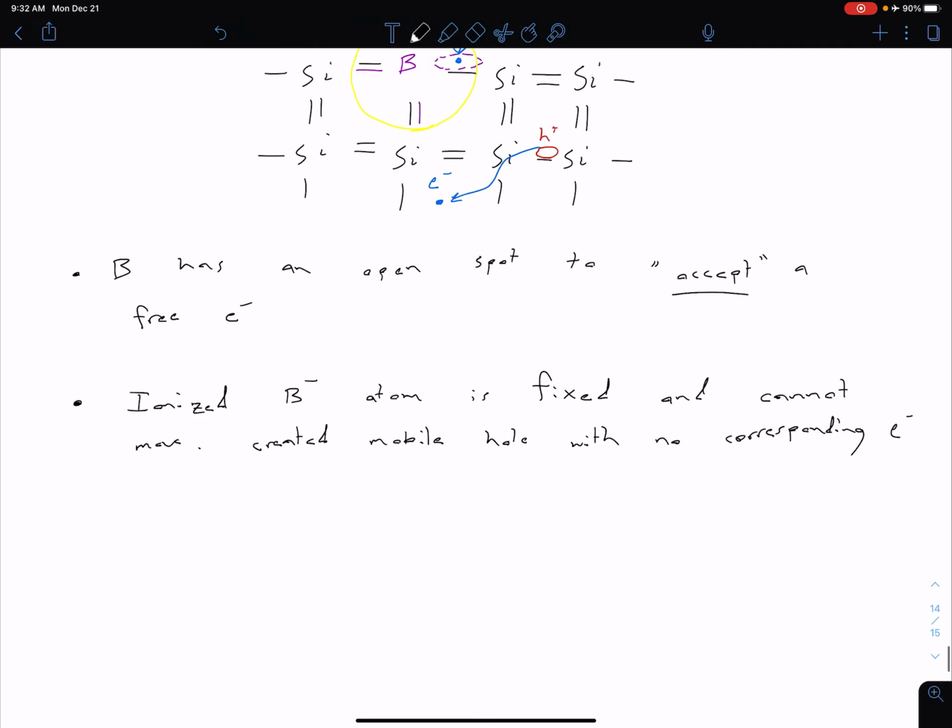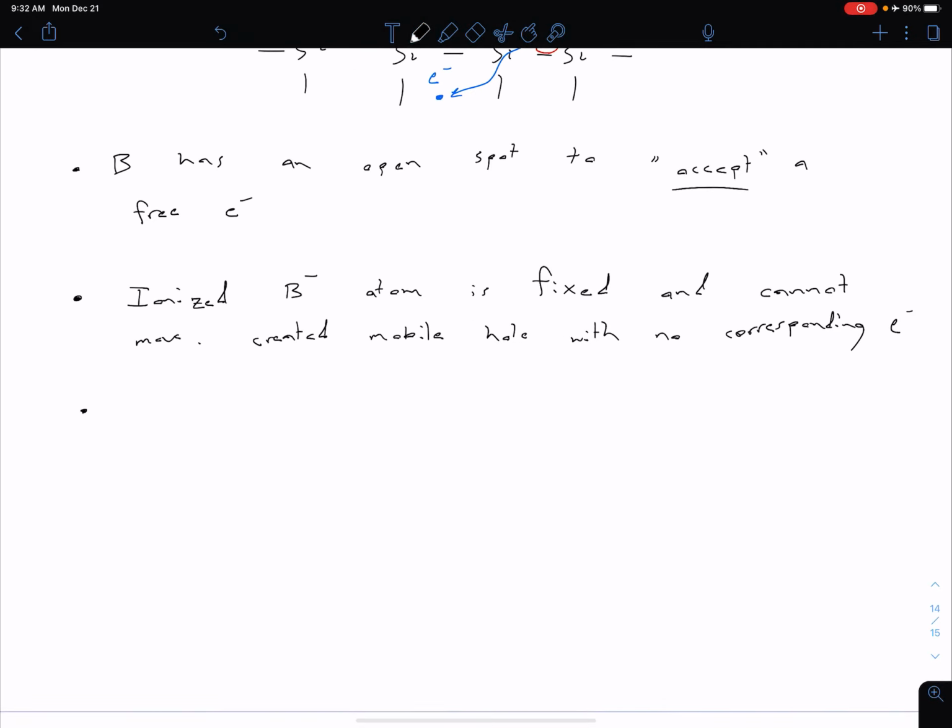Let's talk about some terminology then. If we're using acceptor impurities such as boron, then we call our holes the majority carriers. It's the same reason as in the previous video with electrons: there are just more holes than there are electrons.